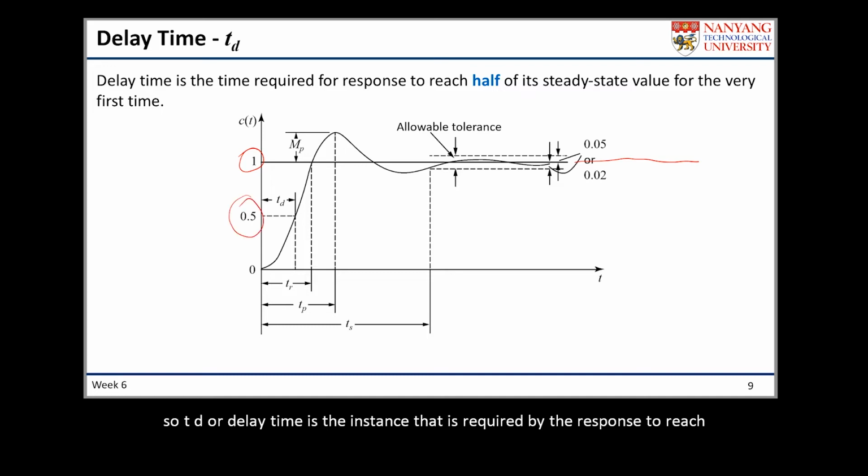So TD, or delay time, is the instant required by the response to reach half of the steady state value, which is 0.5. This is the first feature that you can see from a step response of an underdamped second order system.